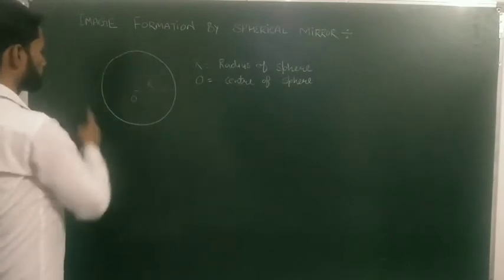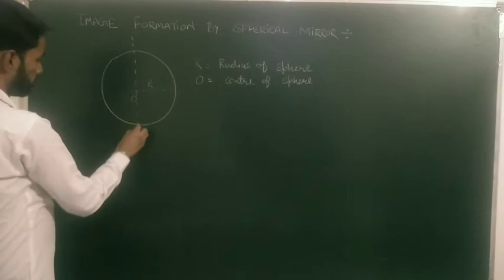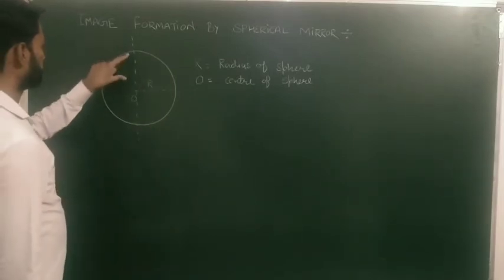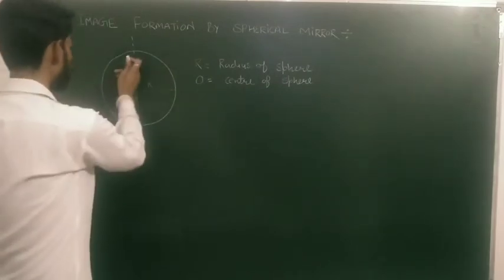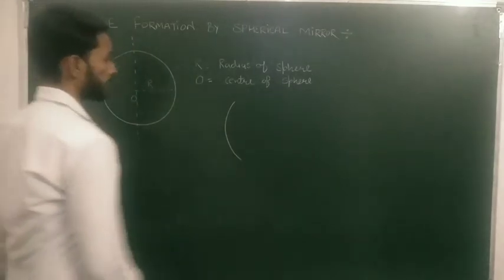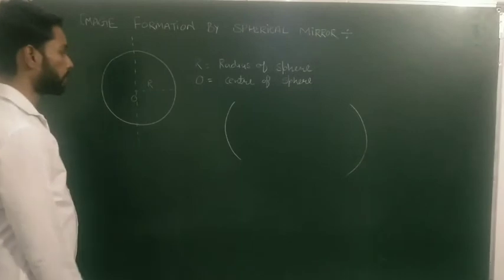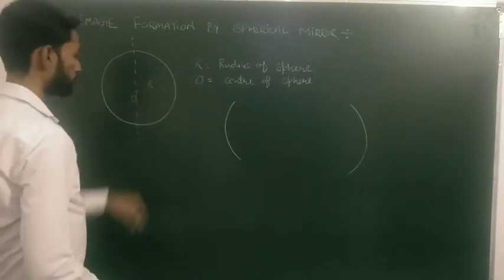Okay, so if we cut this spherical mirror, then we get two types of surfaces. The first one is this type of surface and the second is this type of surface. And this is the radius of the sphere.